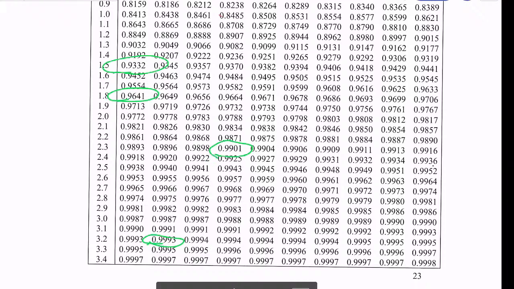.9901 is closer, so the answer would be 2.33. So 2.33 will correspond to this value. I would have to be 2.33 standard deviations above the mean for 99% to be below.